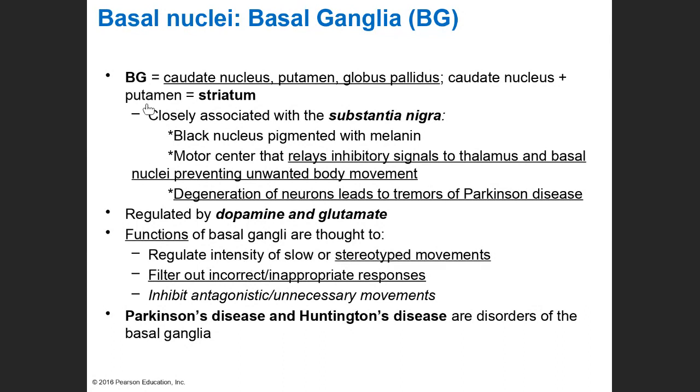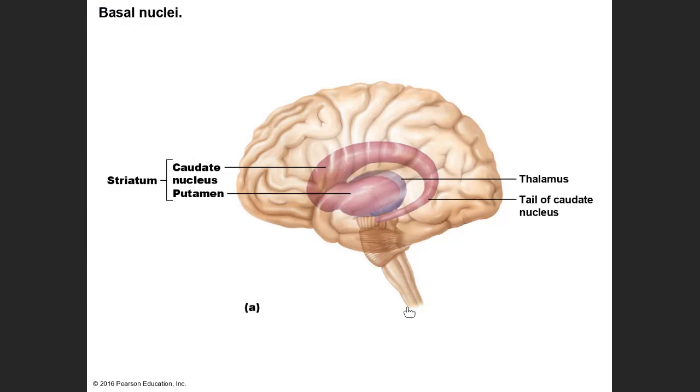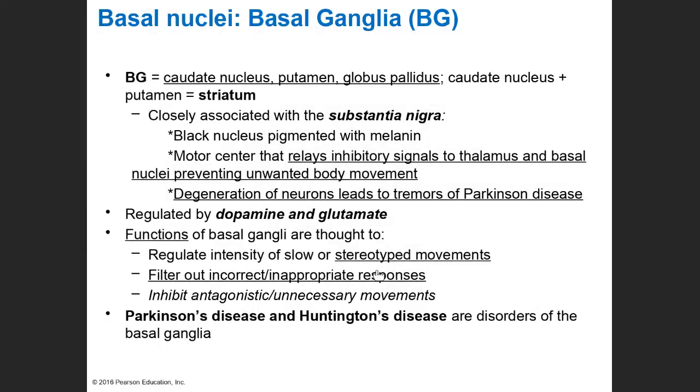Again, the basal ganglia is dealing with the filtering out of incorrect motor behavior and inappropriate motor responses. We'll bring up Parkinson's and Huntington's disease again. Huntington's I did not mention there, because we'll talk about it later.